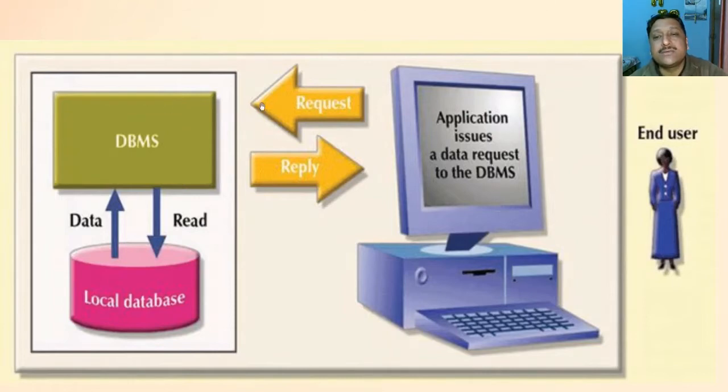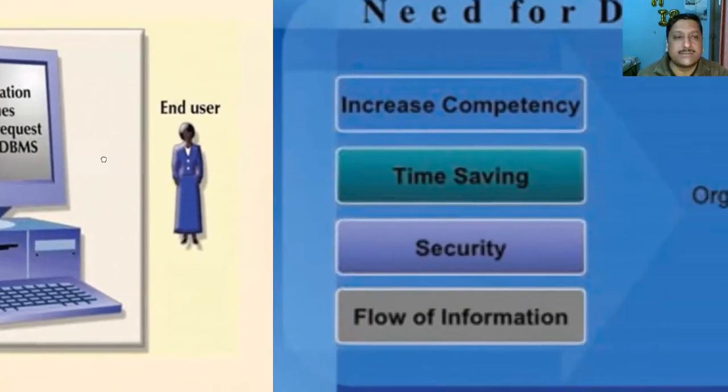It gives the request to the DBMS, and the DBMS fetches the data from the database, retrieves that data, and then replies to the end user that this particular information has been found in the database. You check it. This is the working of the database management system.